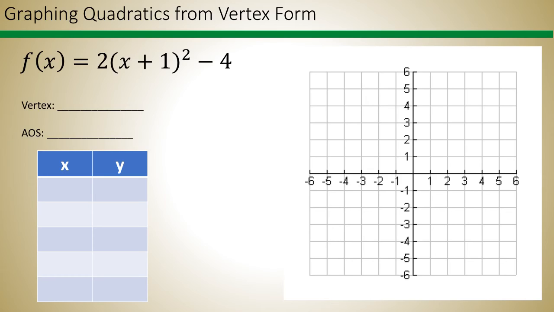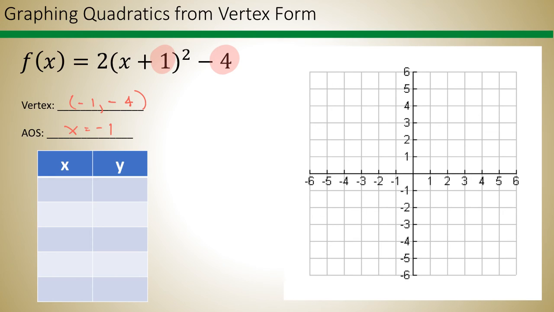So again, find the vertex. Our vertex is going to come from right here and here. So the x value is the opposite, so that makes it -1. Our y value is -4. Axis of symmetry is x is equal to -1.